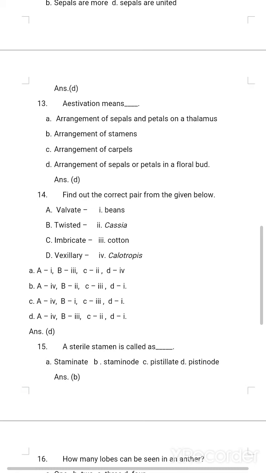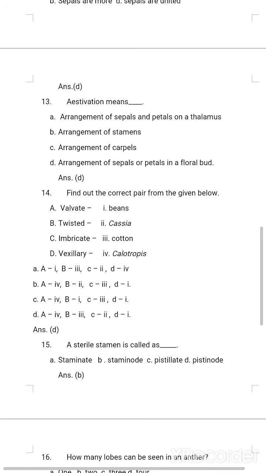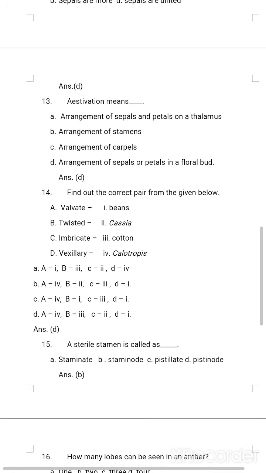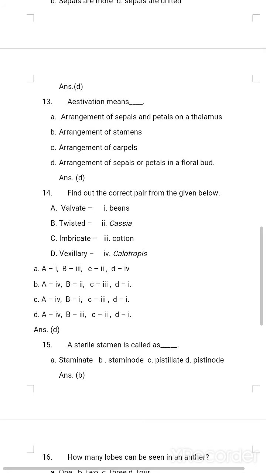Aestivation means. Let us see the definition for aestivation. Option A, arrangement of sepals and petals on thalamus. B, arrangement of stamens. C, arrangement of carpels. D, arrangement of sepals or petals in a floral bud.